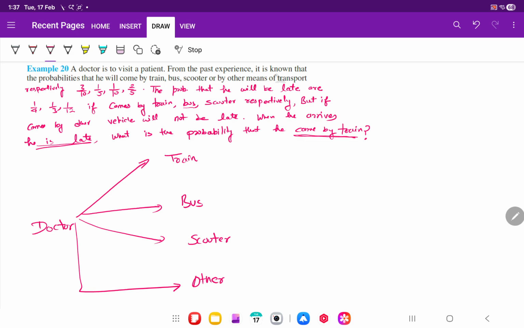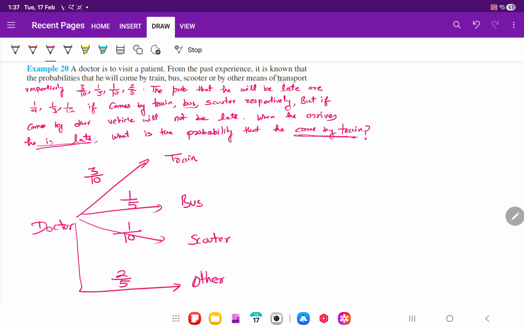The probabilities that he will choose these are 3 by 10 for train, 1 by 5 for bus, 1 by 10 for scooter and 2 by 5 for others.